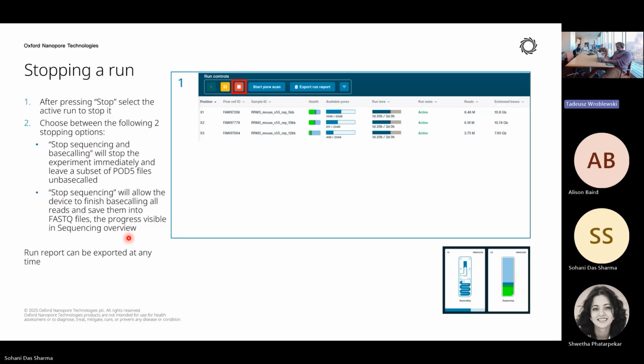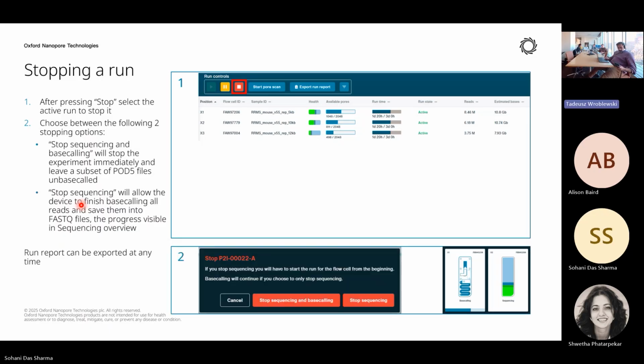So there is a lag between the estimated and the real-time base calling. If you ever want to stop, I feel this option is safer, because at least the leftover base calling would be done. That's what I like to do. If you stop sequencing, then you will have to start the run for the flow cell from the beginning.